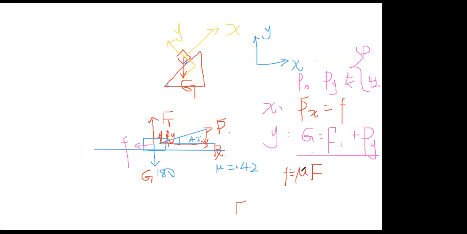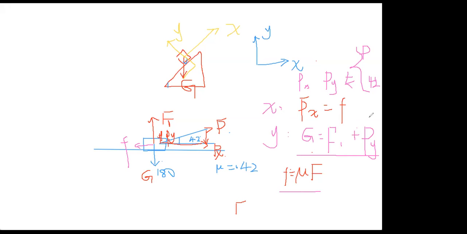So you can solve P, right? Basically you have this equation, and you know Px and F. You can use mu times F, which is mu times G minus Py. And then you figure out there's only one unknown in this equation. That would be P. So you can solve P.